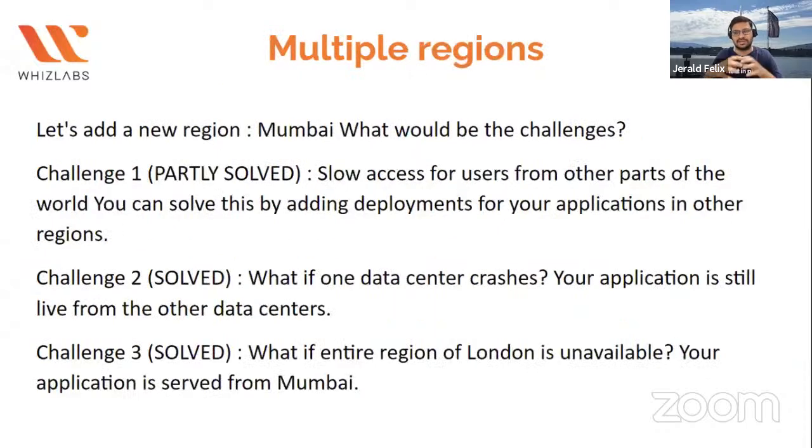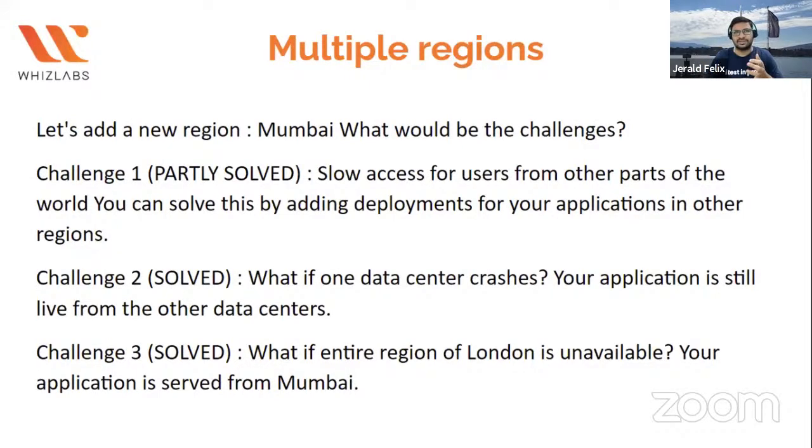And when it comes to multiple regions, you are hosting your application on different servers in different regions. Say for example, I'm hosting an application in London as well as in India, Mumbai, and somewhere in New York. If the data center in London is affected, it won't have any impact on the application, I can access it from India.